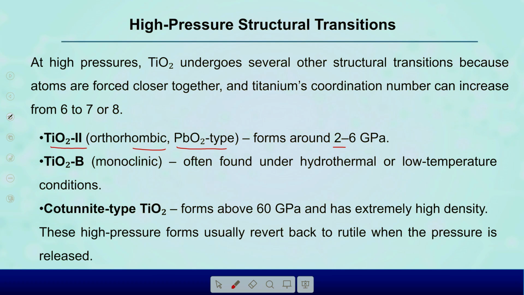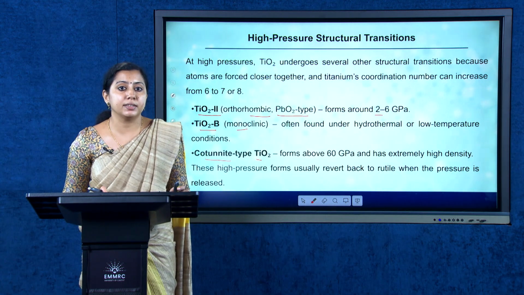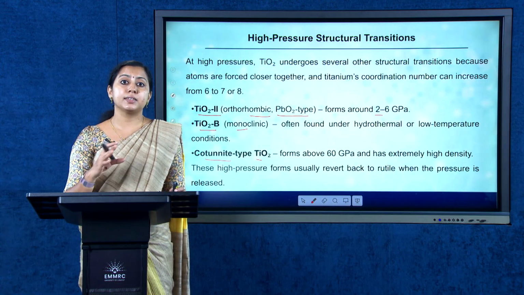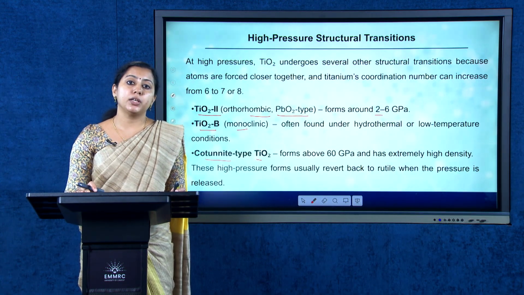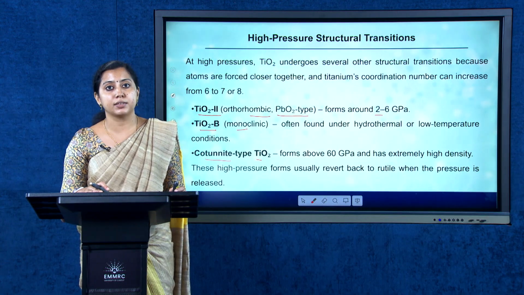Similarly, TiO2-B form, which is monoclinic, is often found under hydrothermal or low temperature conditions. Next is cotunite type TiO2. It is at very high pressures above 60 gigapascals and has extremely high density. These high pressure forms usually revert back to rutile when the pressure is released.